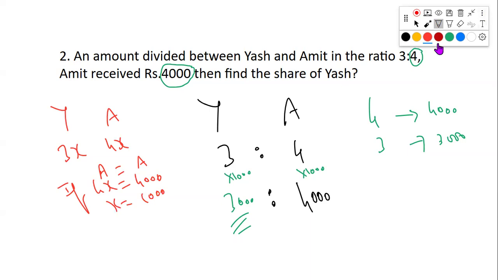If x value is 1,000, Yash is 3x, which is equal to 3,000. Okay?